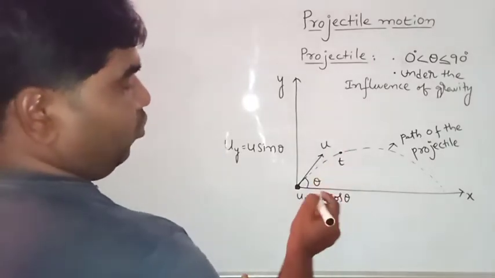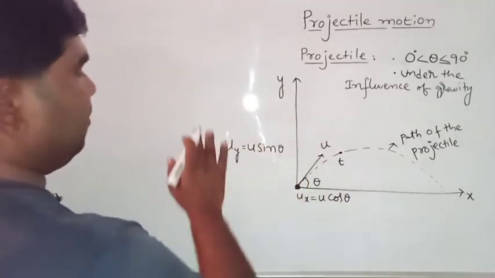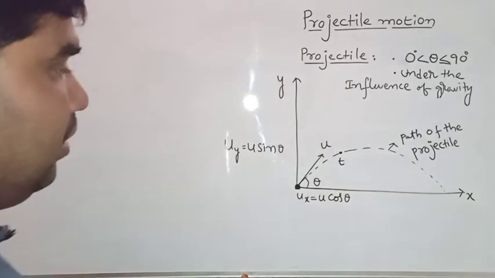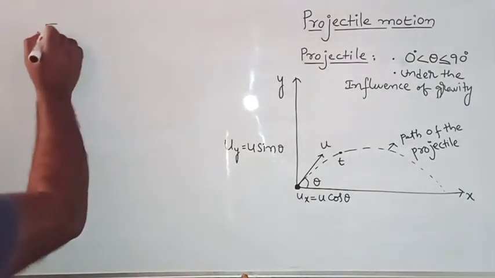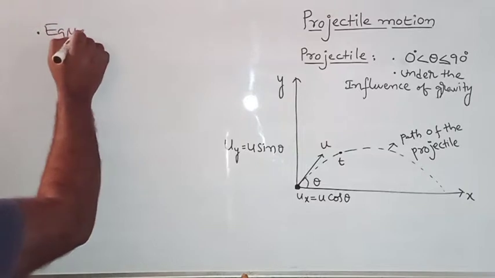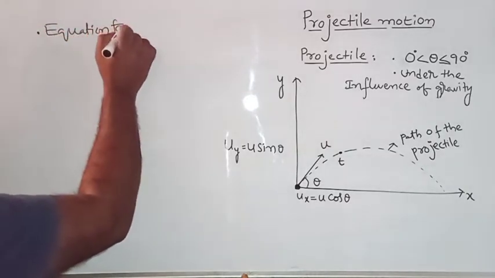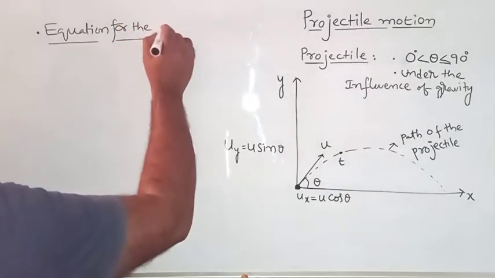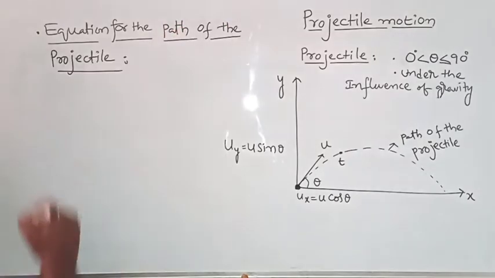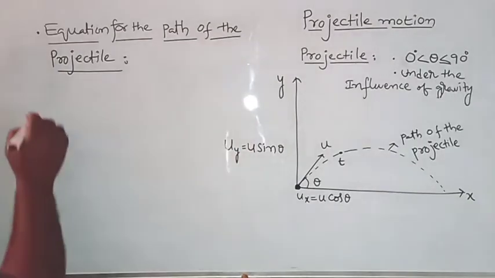After some time, how much displaced along x-axis and how much displaced along y-axis. For that, find the equation for the path of the projectile. For that, you observe here 2 motions we can observe along x-axis and along y-axis.